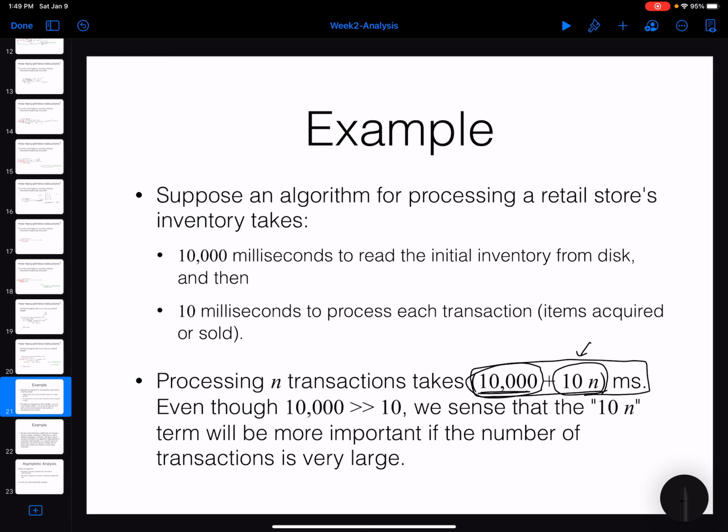But in general, you would expect that this retail store is going to have quite a lot of transactions, right? Maybe 1 million transactions, 10 million transactions. So it is very clear that this term is going to be way more important than this term, because this term is going to be constant. It doesn't really matter how many items are going to be processed. It is always going to be 10,000.